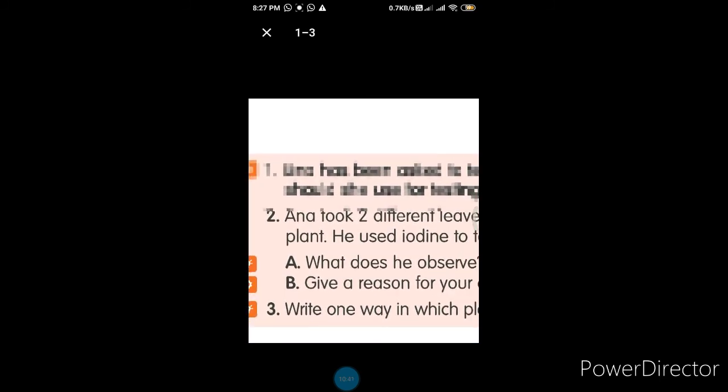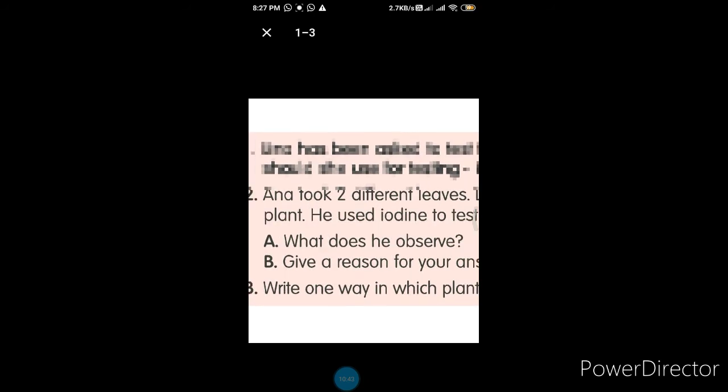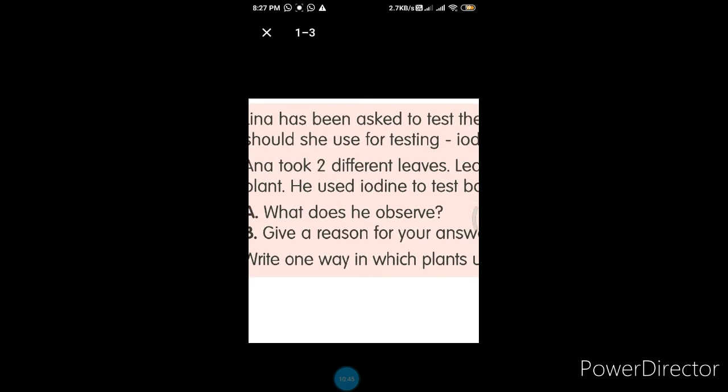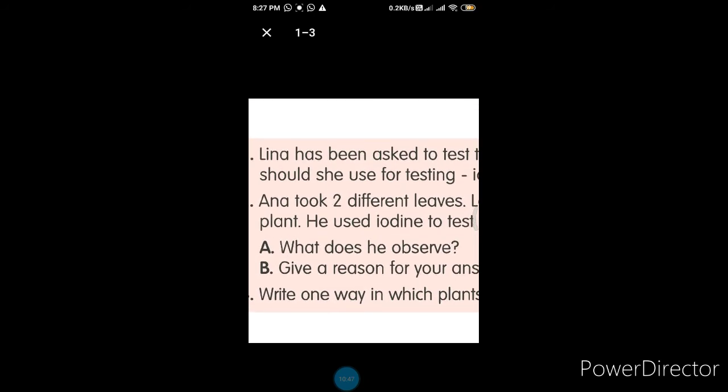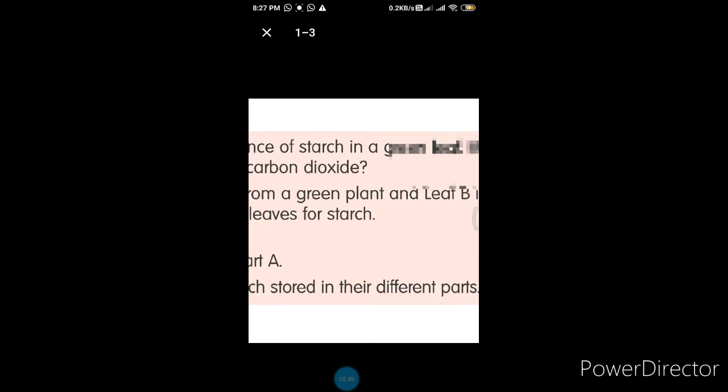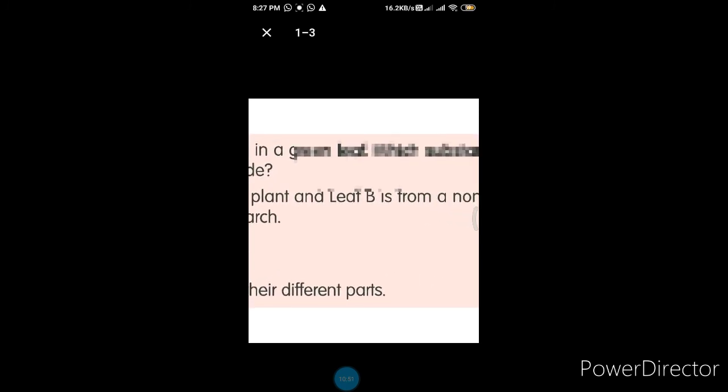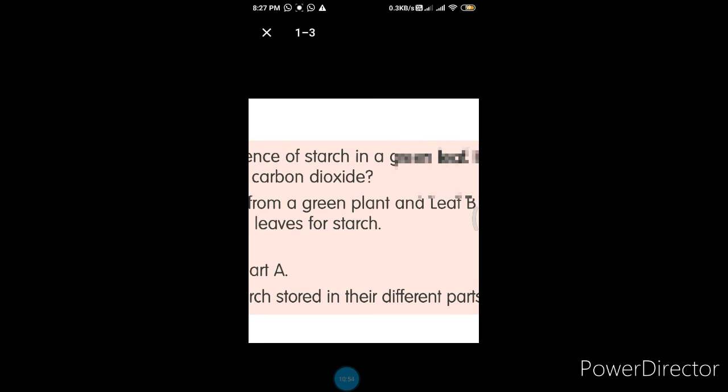The first question is, Lena has been asked to test the presence of starch in a given food item.